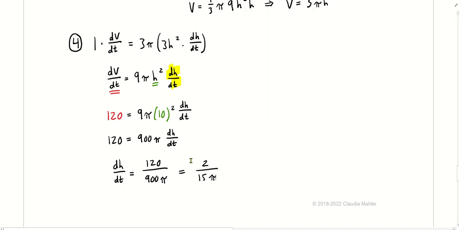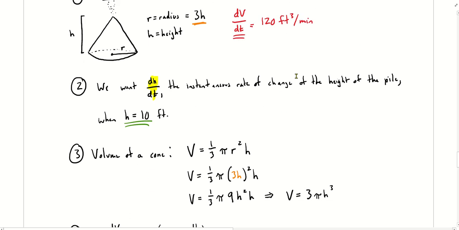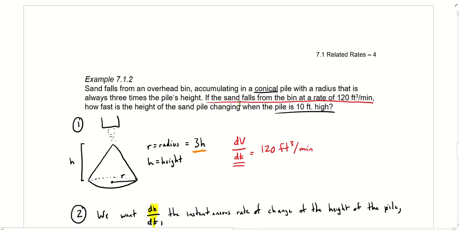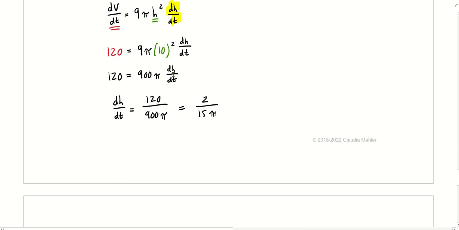And this is a measure of the rate of change of the height. So the height is just a measure of how high the sand is above the ground. We're measuring things in terms of feet. So height is going to be in terms of feet. And so the rate of change is going to be feet per minute. So this quantity is in terms of feet per minute.